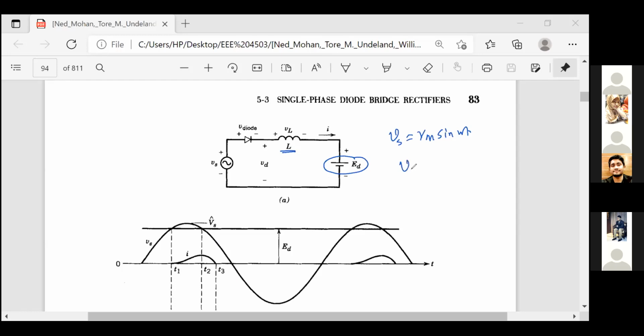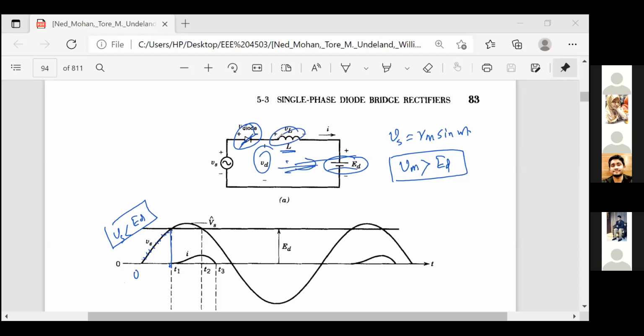So our Vm must be greater than Ed to analyze this, otherwise this diode will never conduct, right? Look here, until T1, Vs is less than Ed. Am I correct or not? Yes, sir. So of course the diode will not be conducting, it is open. So this Vd will be nothing but Ed, because there is no current here. So our output voltage will be this one.